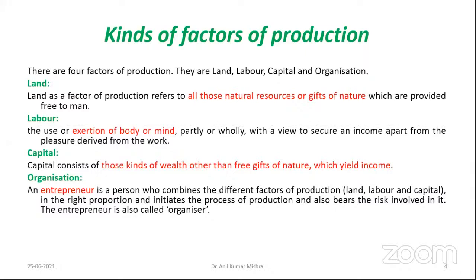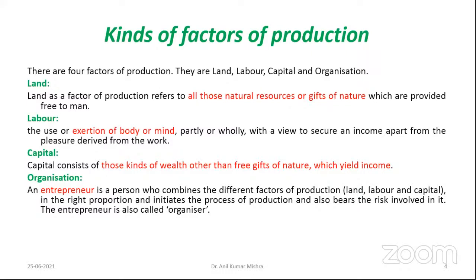Take for example, suppose you purchase a typewriter. If you use it for your own purpose, it is a consumer good. But when you use that same typewriter for job typing, it is called a capital good. Why is it called capital? Because it yields some income.